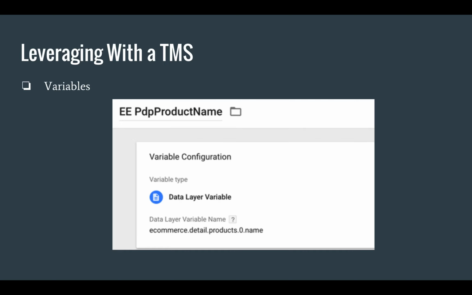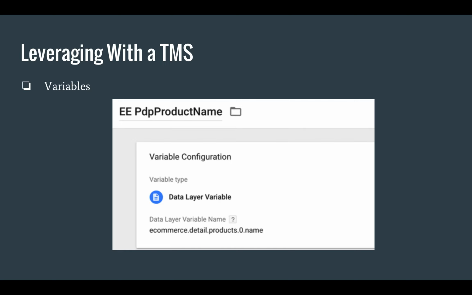So what this variable is going to be doing is looking in the e-commerce object in the data layer, down to the detail portion, the products portion, and then for the first one, the name. This variable within GTM, whenever a product page is viewed, is going to be automatically populated with that product name.